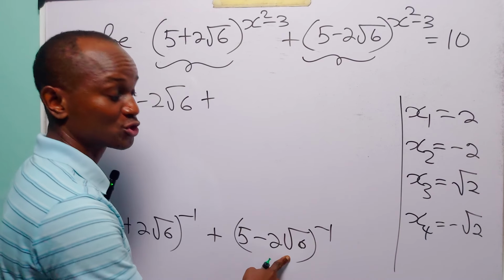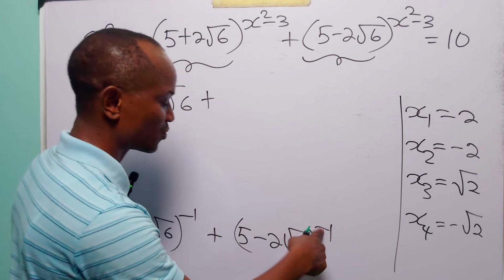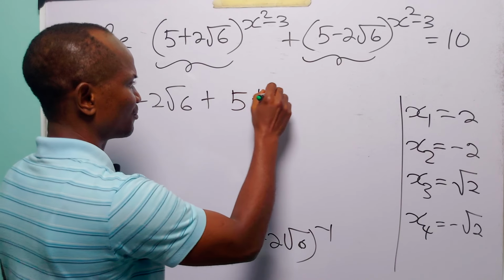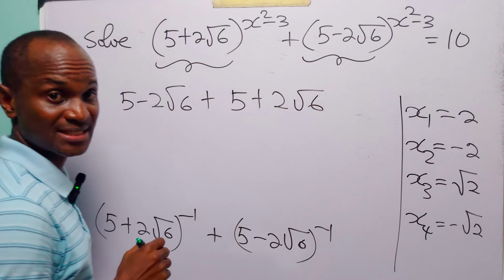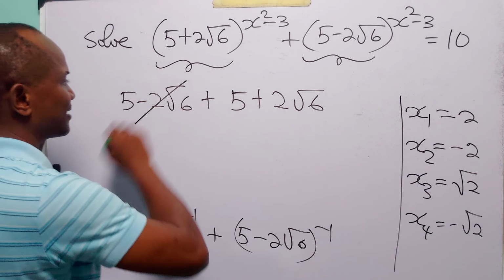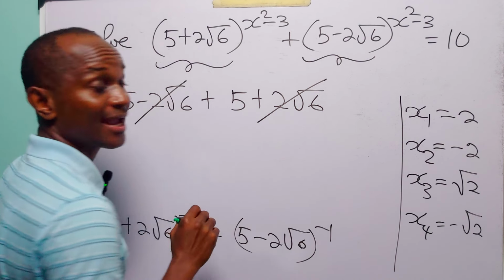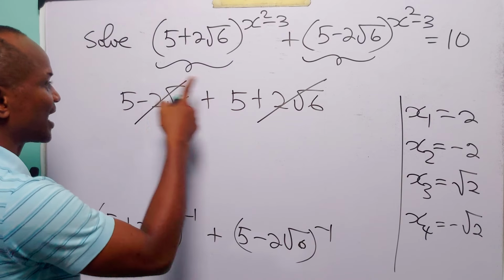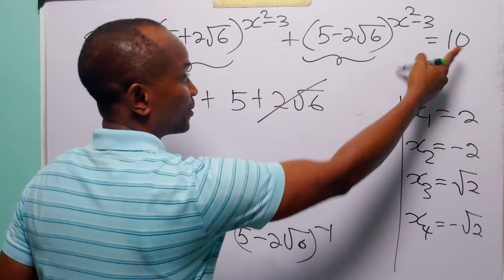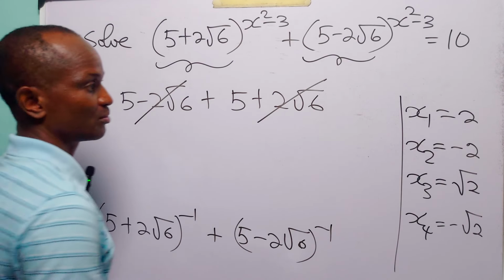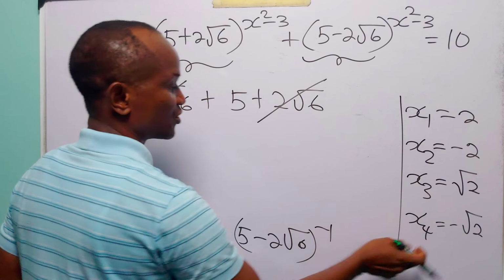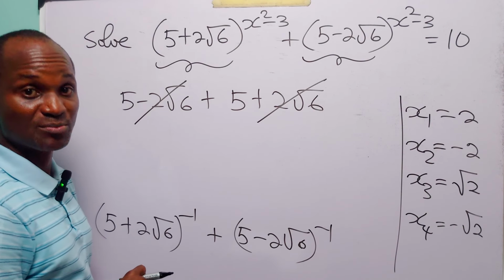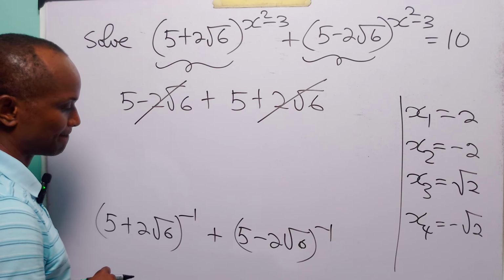And (5 minus 2 root 6) to the power minus 1 is equal to 5 plus 2 root 6. Once more, minus 2 root 6 is going to take care of plus 2 root 6, and 5 plus 5 is equal to 10. So the four values of x satisfy the exponential equation.